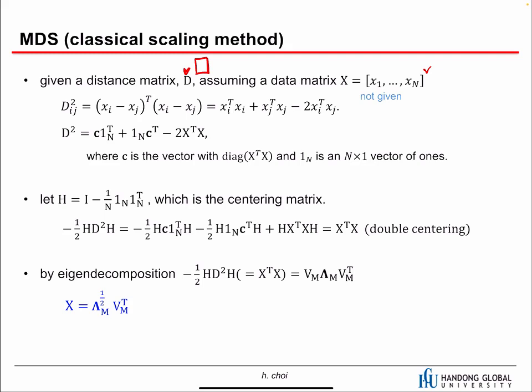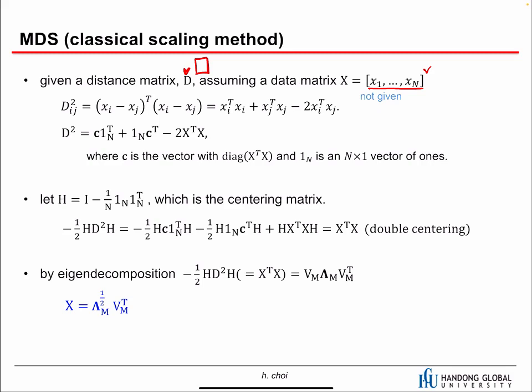So let's assume that we have n points, even though these points are not given, so they are kind of imaginary points. And as I said, we're going to talk about the basic classical scaling method.